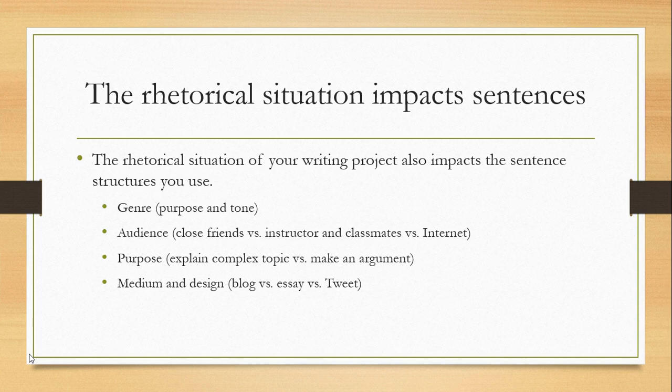Also, depending on the medium, this is basically where you're writing this. I think a really good example of this is you look at the sentence structures used in tweets versus those used on a blog. On a blog, you would probably expect complete sentences. You may even expect complete paragraphs, a lot like what you would see published in a magazine or in a news article. But a tweet is very short.